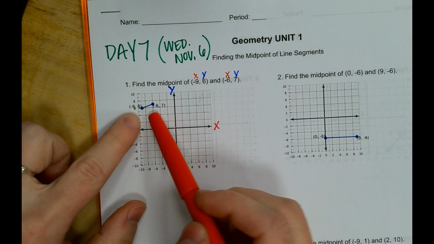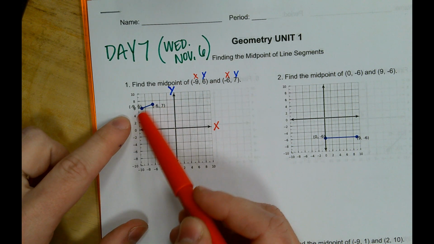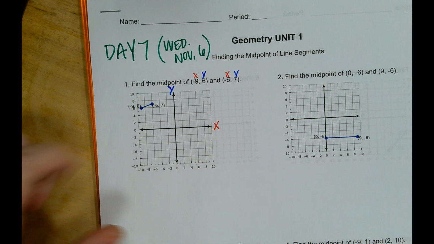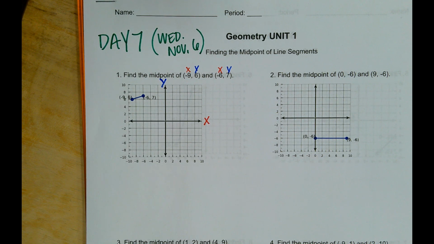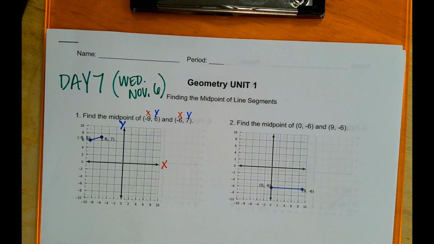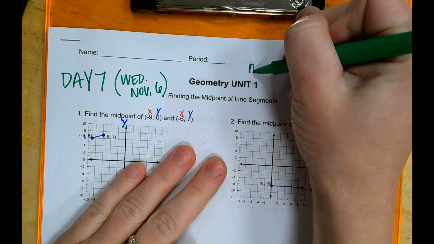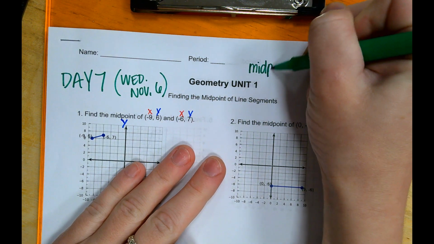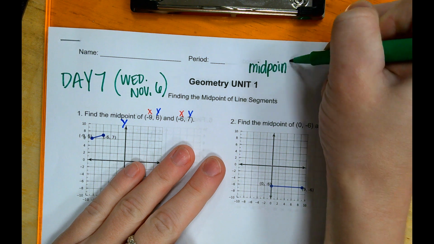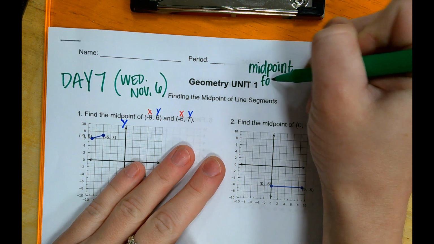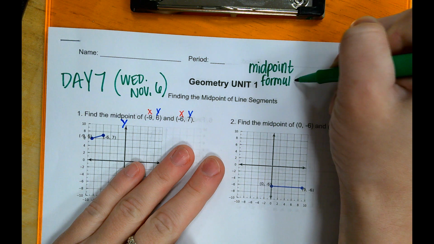But with this one, it's going to be a little tougher to get a more exact point without using that formula. So our midpoint formula, I'm going to label this at the top of the page. Midpoint formula.